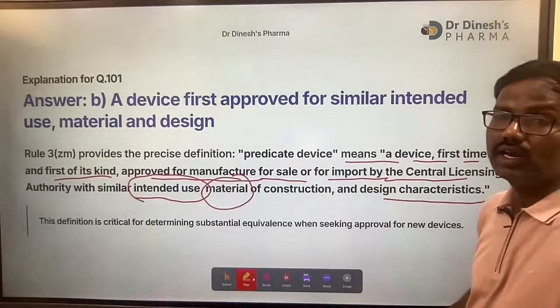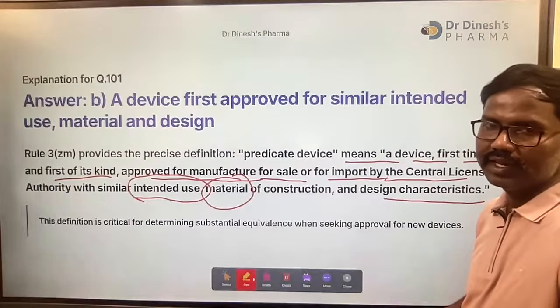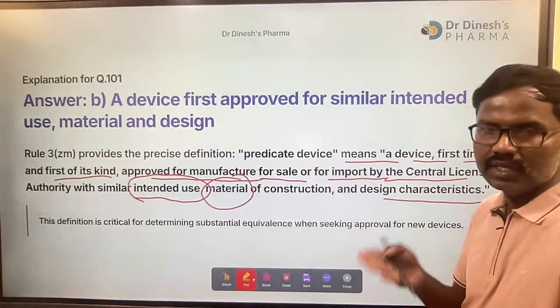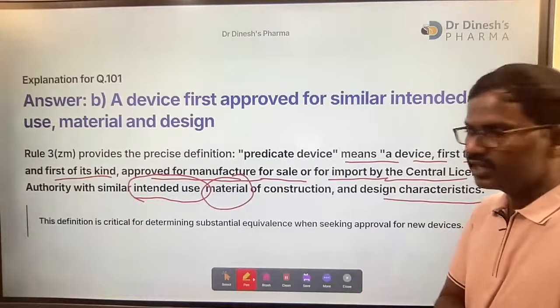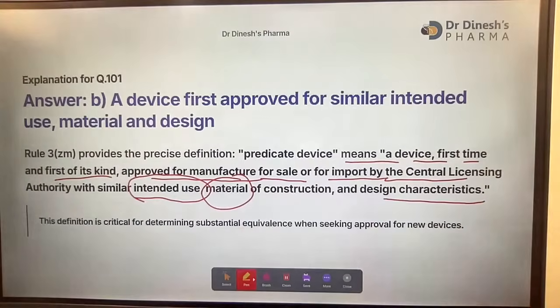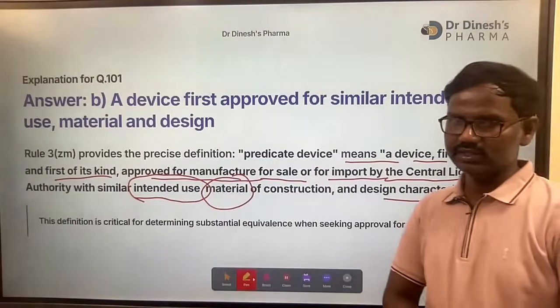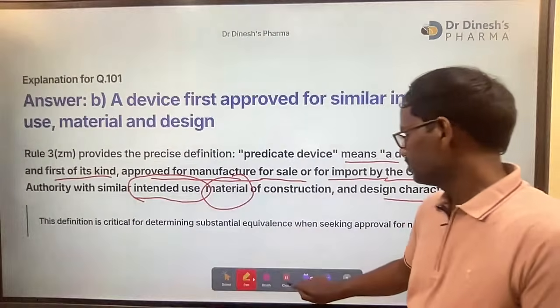There are separate rules and individual forms for predicate and non-predicate devices. This definition is critical for determining substantial equivalence when seeking approval for new devices, so this is very important.